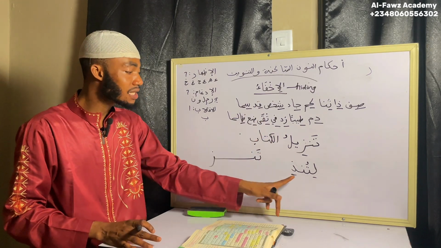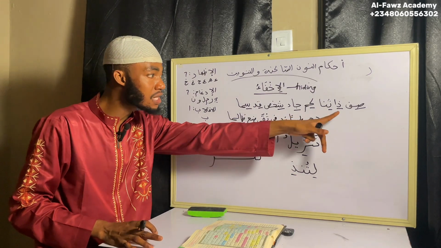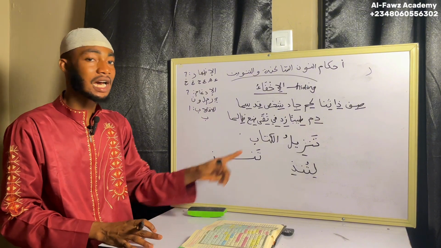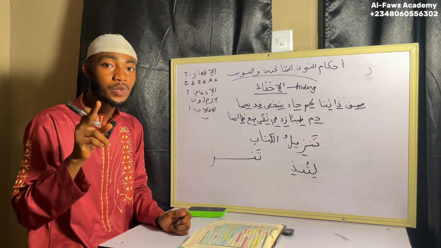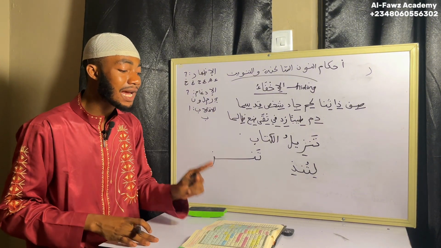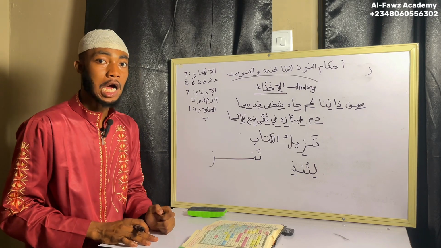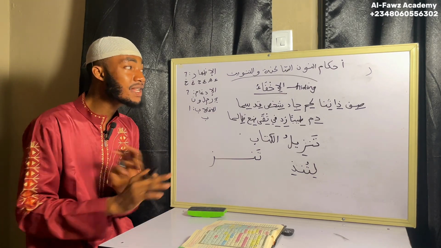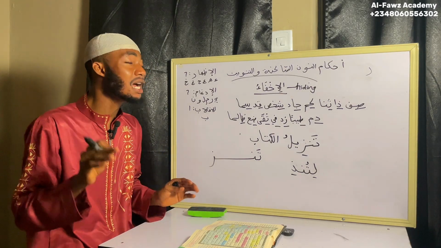So Noon Sakinah or Tanween coming before any of these 15 Arabic alphabets will translate to be what? Al-Ikhfaa. I hope you understand this now. So that is everything about Noon Sakinah and Tanween.